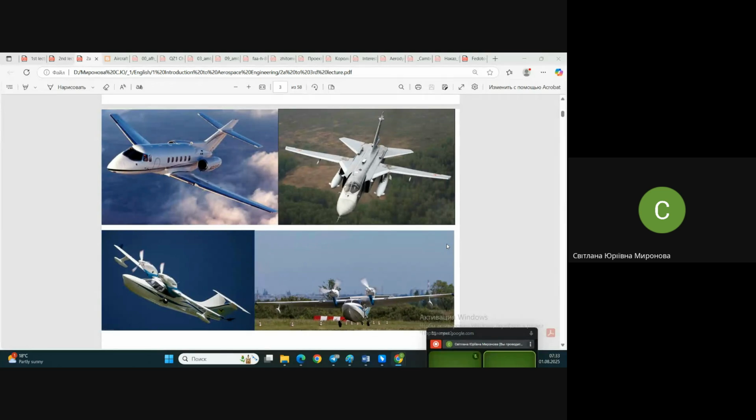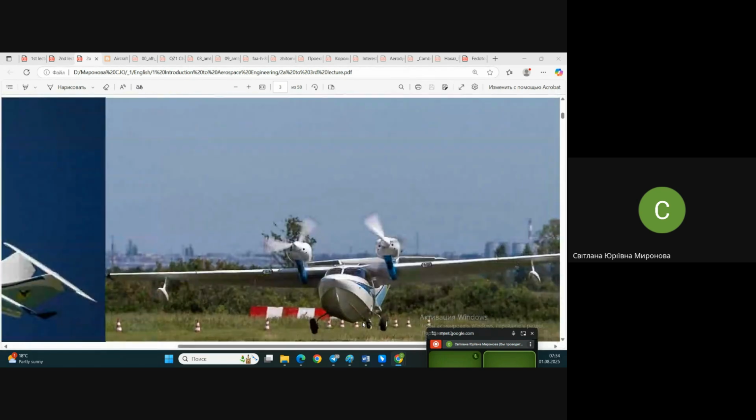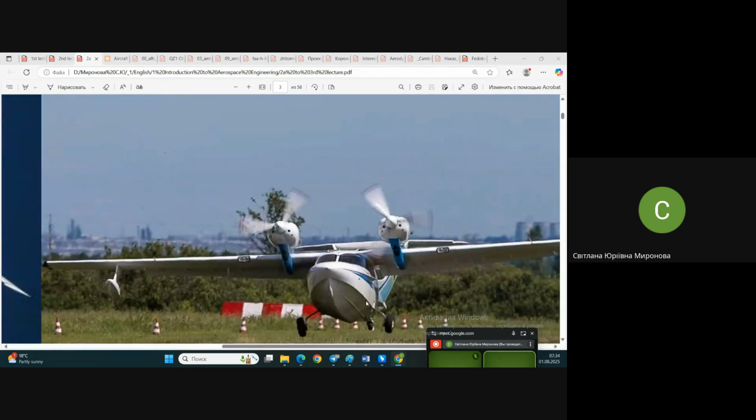There are three airplanes in front of us, not four, but three. The four bottom photos show the same airplane. What might we say about this airplane? First, the bottom one, clearly visible. It's a flying boat. Literally, it looks like a boat. But if it's a boat, why does it have landing gear?